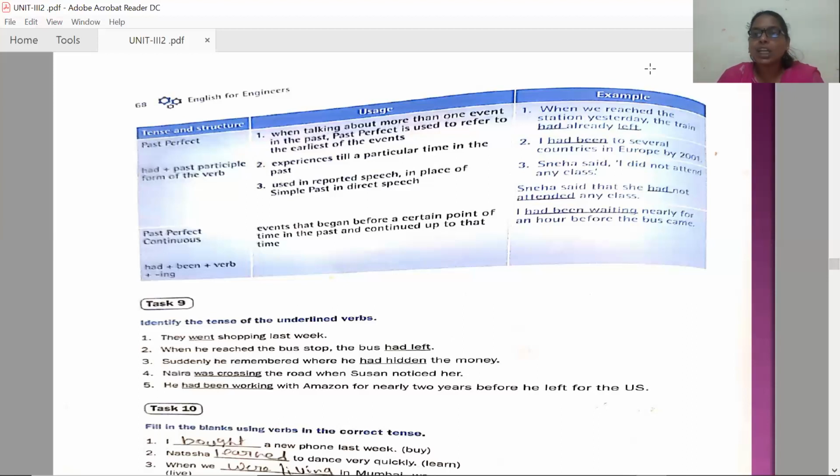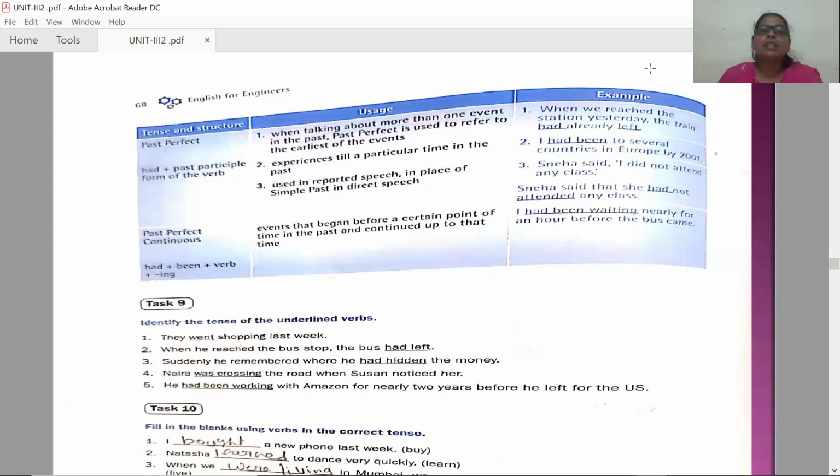And the second one is a simple sentence. We reached the station yesterday. Reached is simple past verb form. So past perfect is used when talking about more than one event in the past. Past perfect verb form will be in the earliest of the events. That is the important one you should keep in mind.